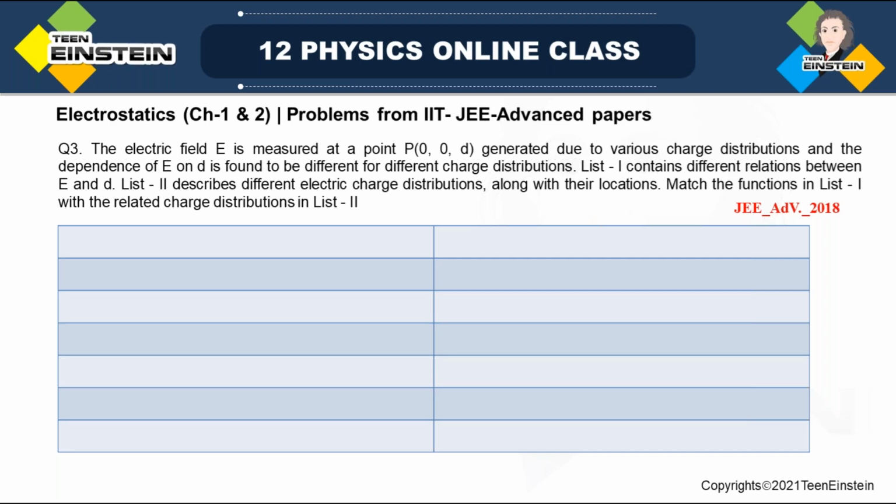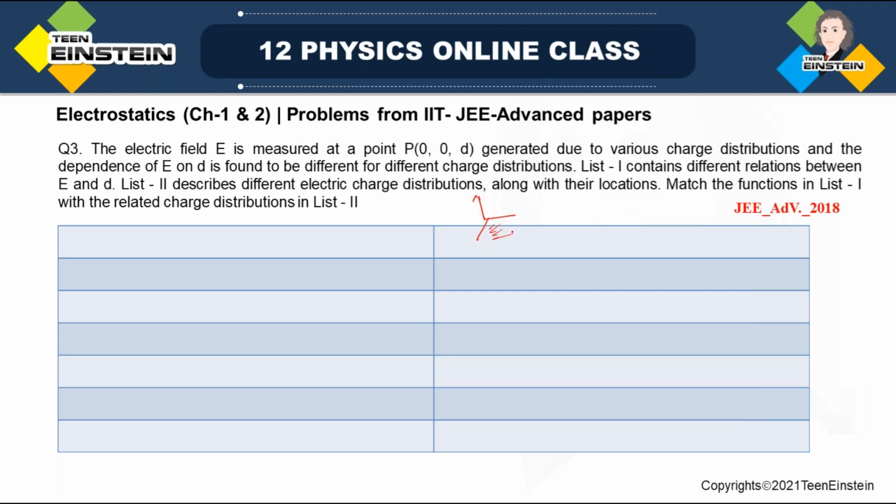The problem says the electric field E is measured at a point P equal to 0, 0, D. That means if you think of the XY plane, it is in the Z direction, at a distance Z.